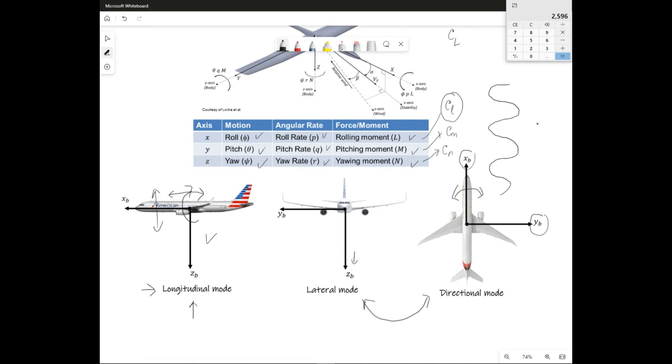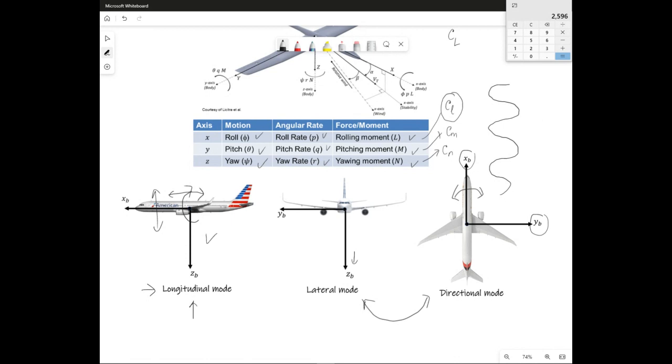This is because of the adverse yawing motions and adverse rolling motions. Remember that I always say that if you try to roll the aircraft, you can't simply see a pure roll because of what? Because of the adverse yaw from the vertical tail. The same applies if you're talking about the yawing moment and you try to deflect your rudder like that.